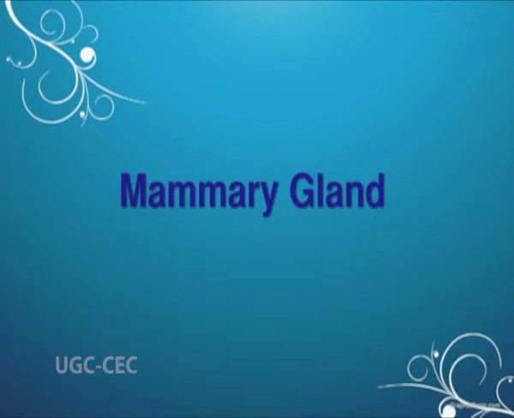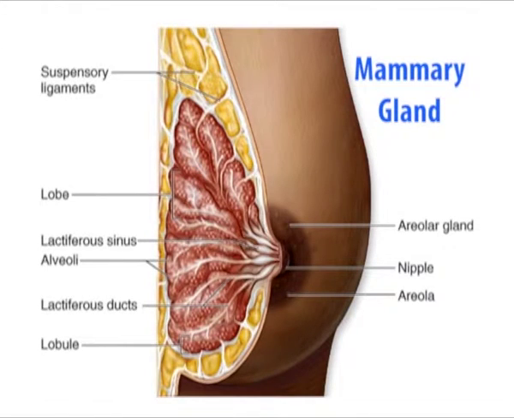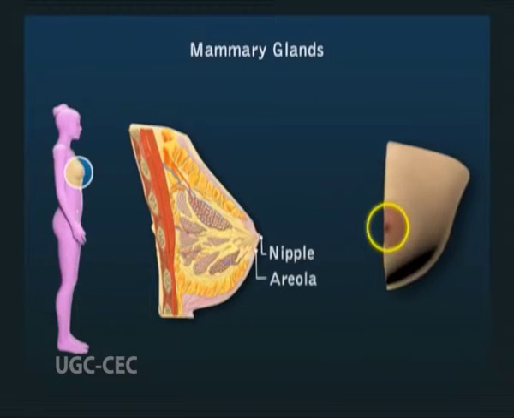Mammary gland. A mammary gland is an organ in female mammals that produces milk to feed young offspring. Mammals get their name from the word mammary. In humans, the mammary glands are situated in the breast. The mammary glands of mammals other than primates, such as dogs and cats, are sometimes called dugs.